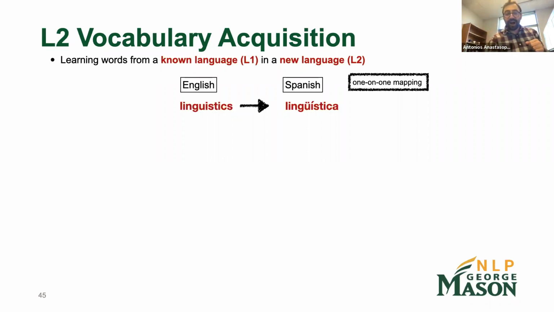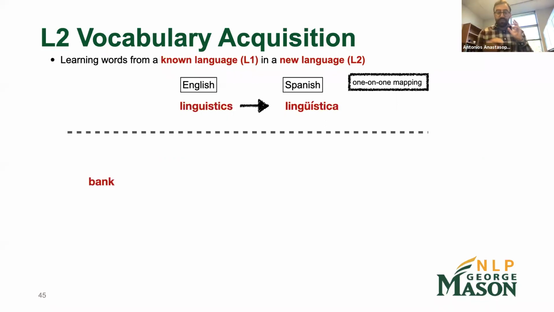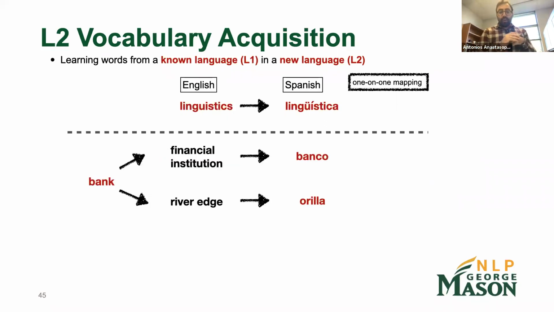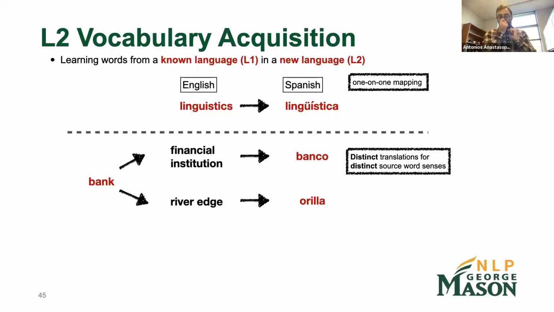Then there are words like bank in English, which have a one-to-many mapping. Bank can be translated as banco or orilla in Spanish, exactly because bank has two very different senses. One refers to a financial institution, one refers to a river edge, and Spanish uses different words for these two things. So these are easy to learn.